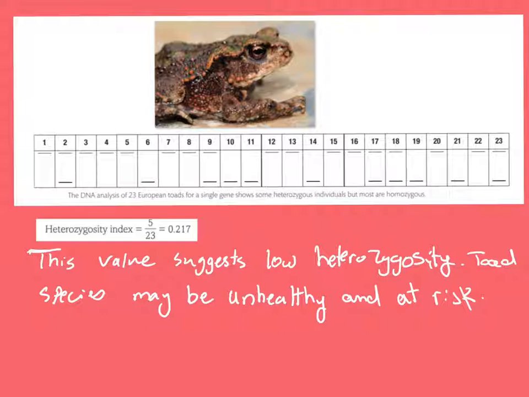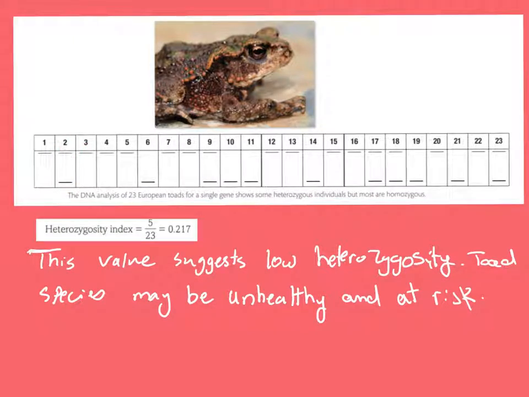Let's take another example. You have a frog here, and these are the patterns of heterozygosity and homozygosity in the population of toads. You can see here, this is homozygous, this is heterozygous, because as we said, the DNA band in a homozygous individual is only 1, while it's 2 in the heterozygous one.